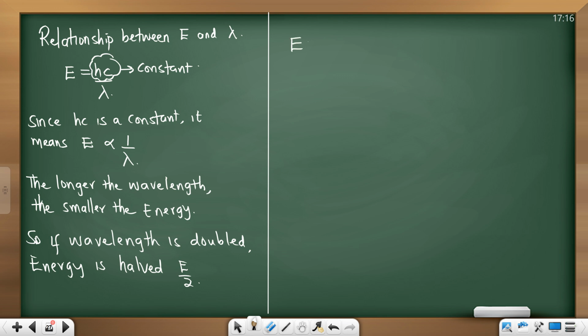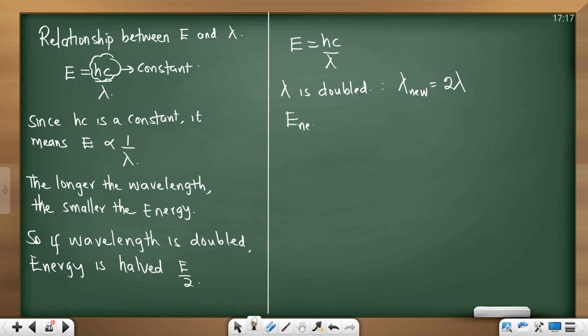I'm going to say E equals hc over lambda. This is the original one, right? Now, lambda is doubled. Please watch this. So it means our new lambda is 2 times the old one. I want you to see the multiple choice part of this question. What is our new E?